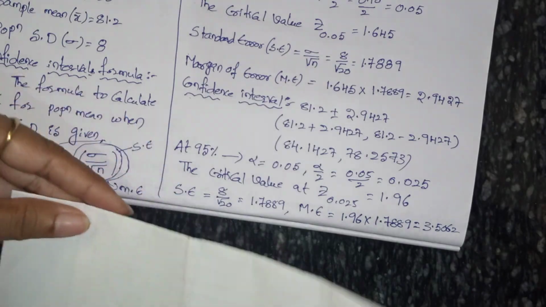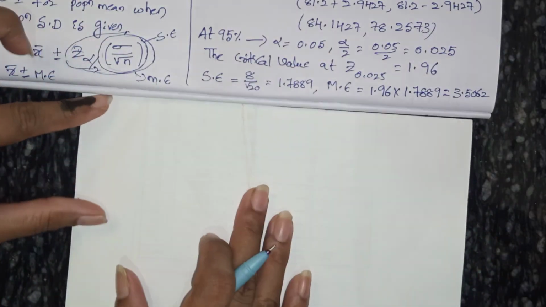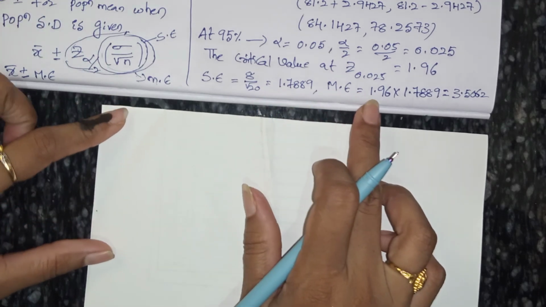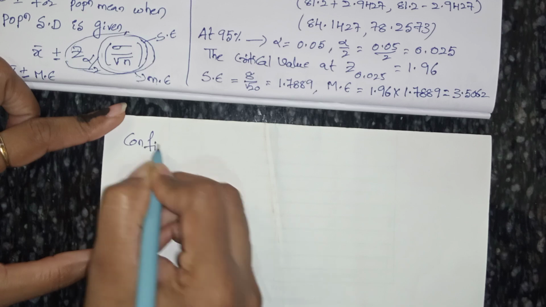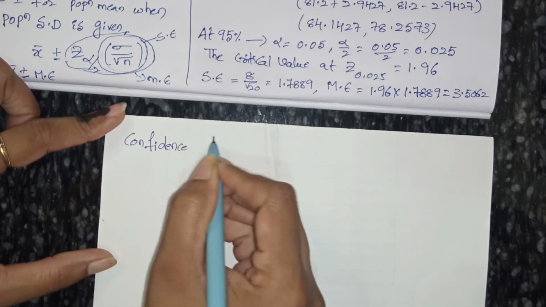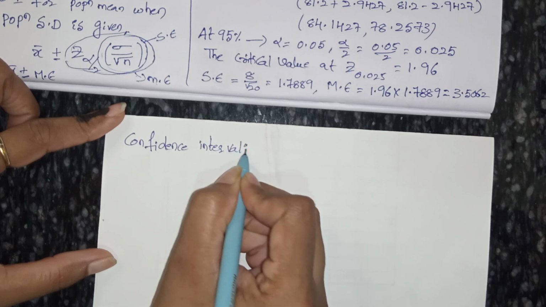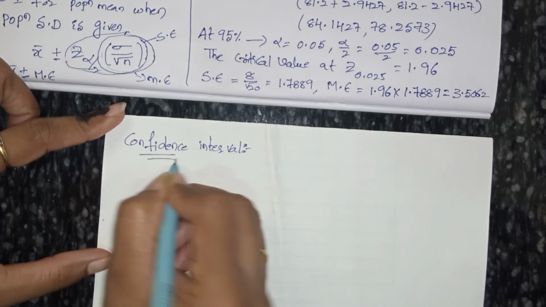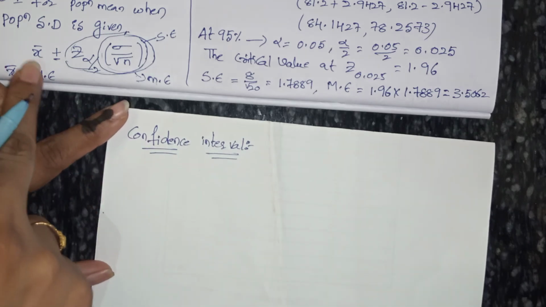Okay, so now we have to calculate the confidence limits, or else we can say confidence interval. So what is the formula for confidence interval?